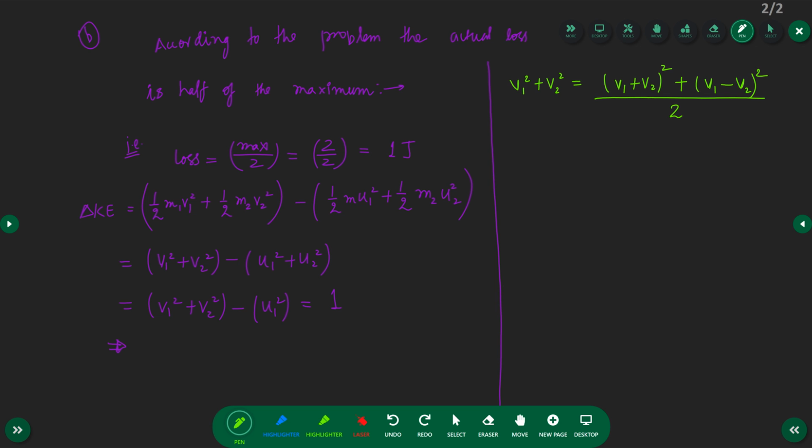This is just a mathematical identity. Can we write it like this or this?